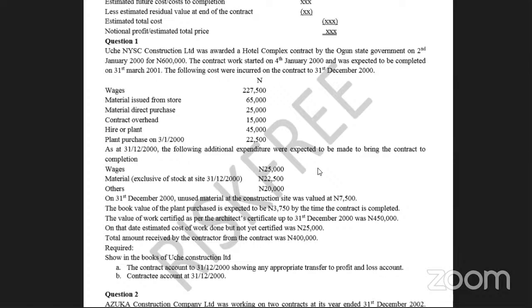On that date, estimated cost of work done but not yet certified was 25,000. Total amount received by the contractor from the contract was 400,000. We are told to prepare the contract account to 31st December showing appropriate transfer to profit and loss and contractee account. That is what the examiner wants.